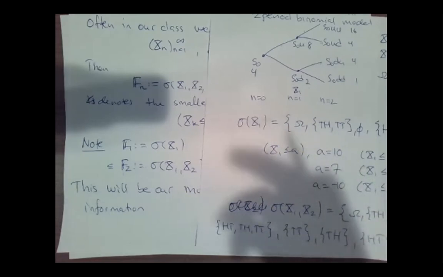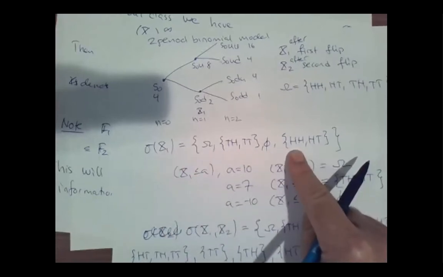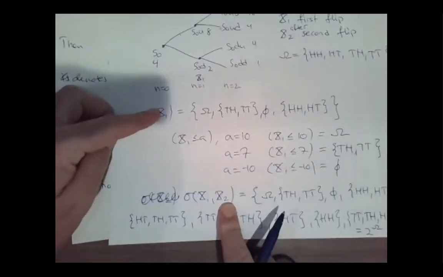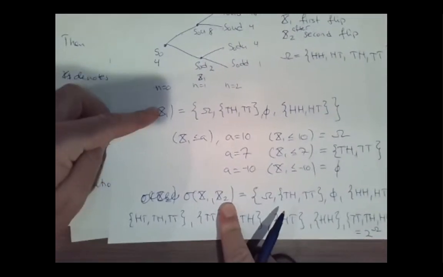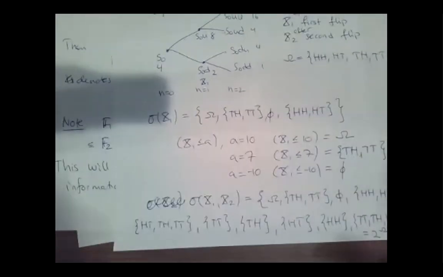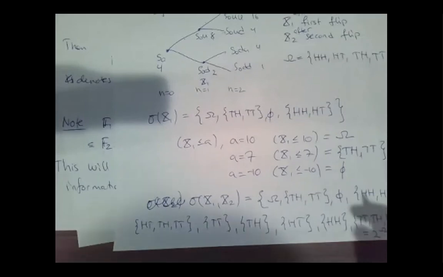You also need the smallness property. This one is the smallest sigma algebra that makes x1 measurable. Both make x1 measurable, but this one is much smaller. So it's not enough just to say that it's measurable. You need the smallness property: this is the smallest sigma algebra that has this measurability property.